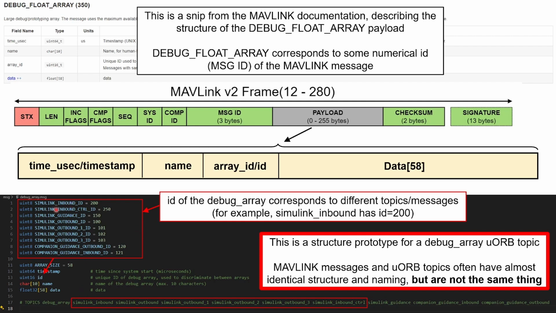Just to reiterate, the data structure is the debug array message. It's getting converted by PX4 when you're compiling, and there is actually a C structure called debug_array_s.